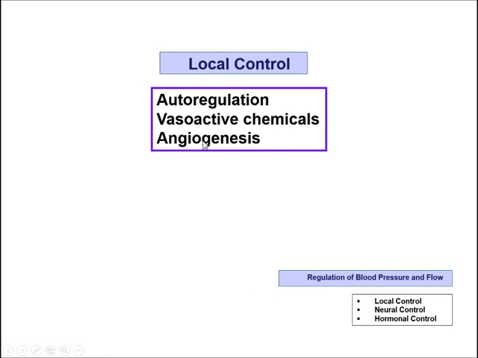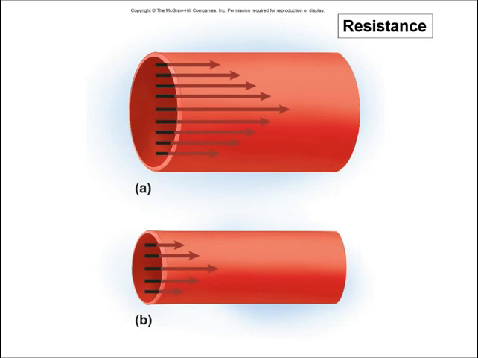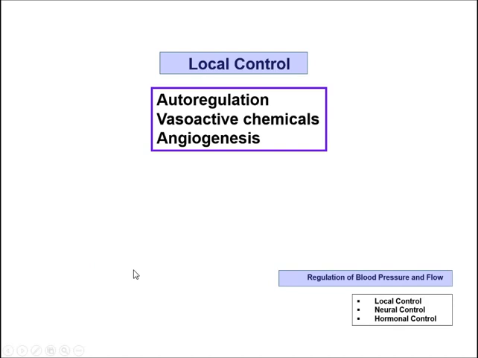But last but not least, another local control would be angiogenesis. And angiogenesis is referring to the growth of new vessels in an area, possibly due to damaged vessels. From a pathology point of view, tumor growth needs a blood supply, and so we'll actually have the creation of new vessels, bringing blood, nutrients, oxygen to tumors, and so they often have a very complex blood supply of their own.